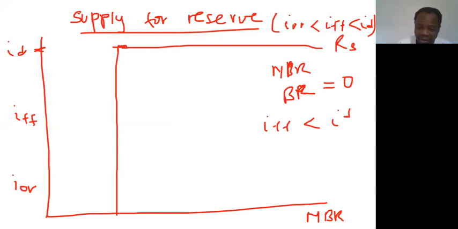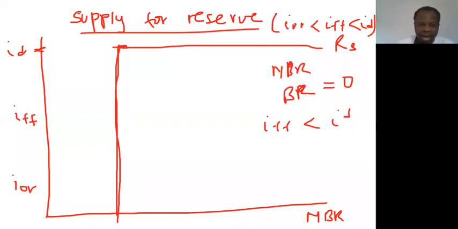So as long as the federal fund rate is below the discount rate, borrowed reserve is equal to 0, and the supply curve will always have a vertical shape like this.